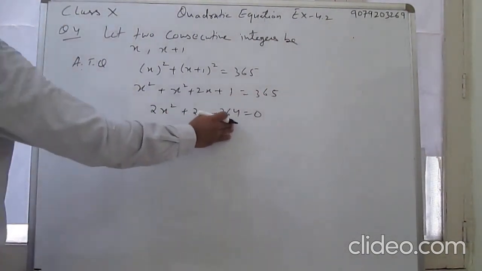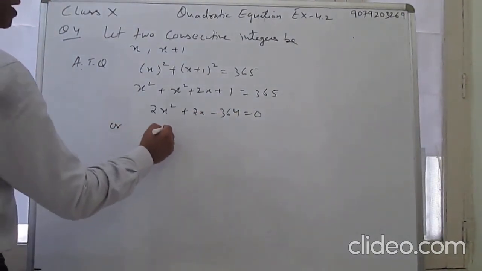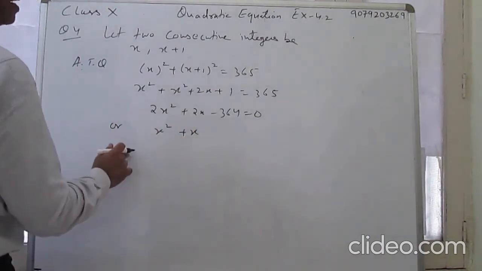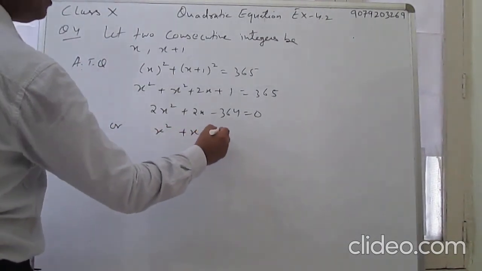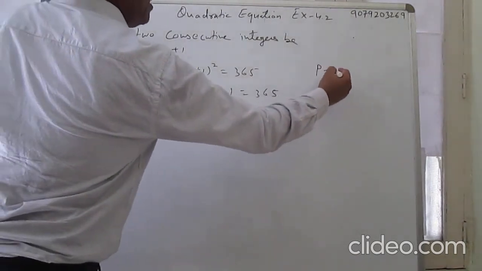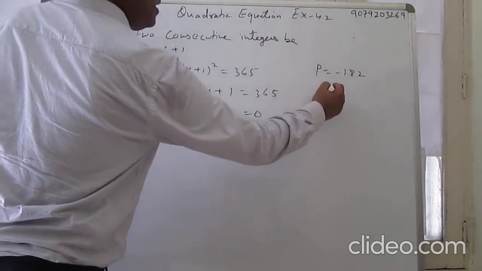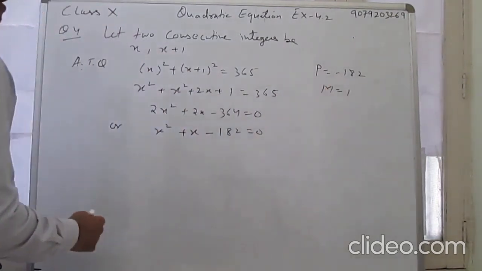Divide the full equation by 2. So you will get x square plus x minus 182. So here product is equal to minus 182 and middle term is 1 plus का.